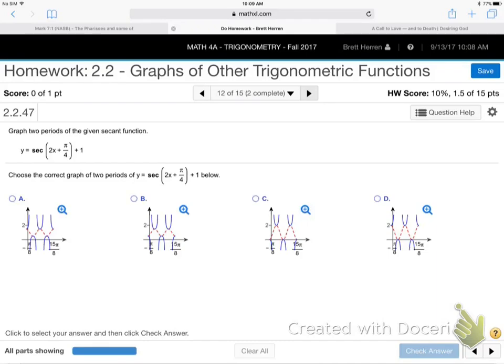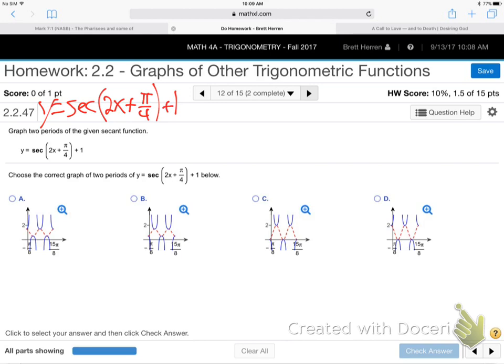Okay. So now, let's try these more difficult ones. We'll try number 12. So y equals secant of 2x plus pi over 4 plus 1.